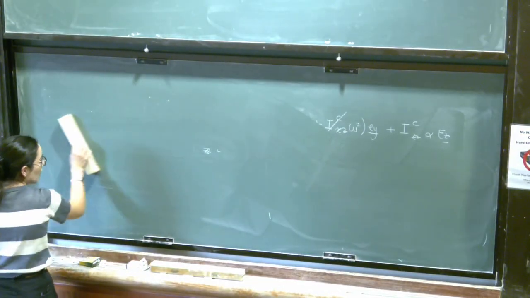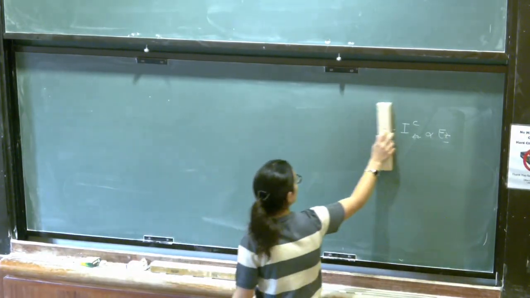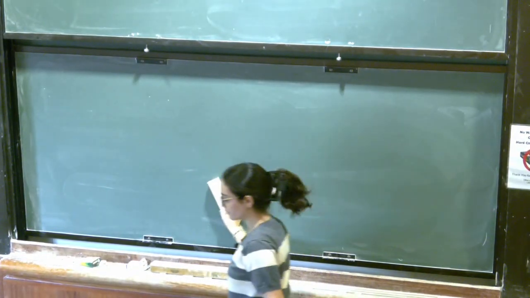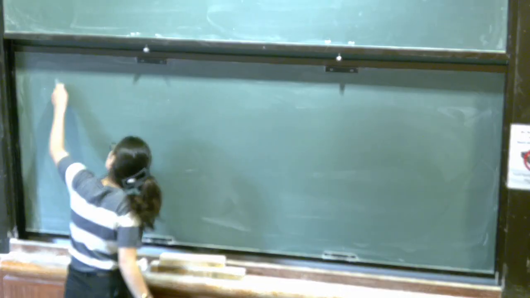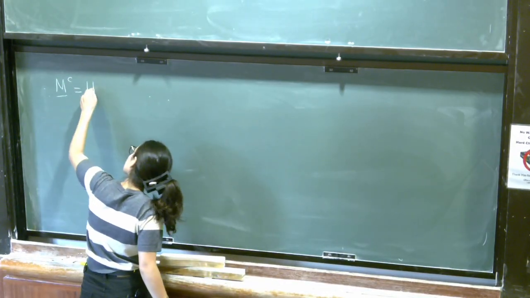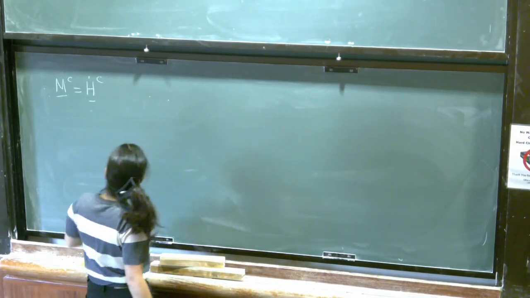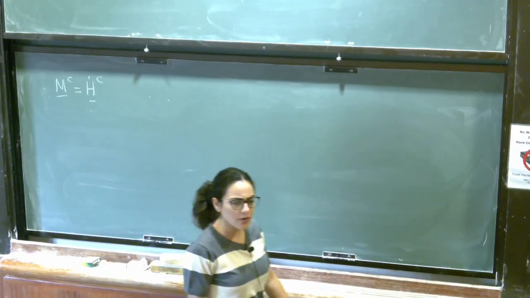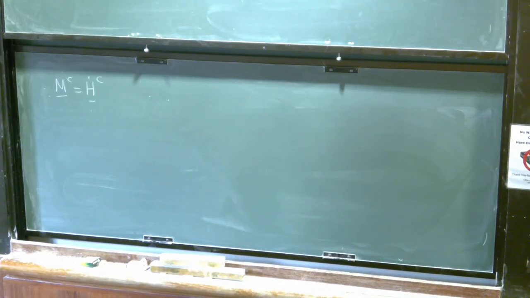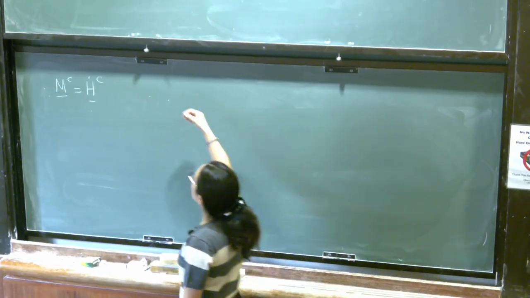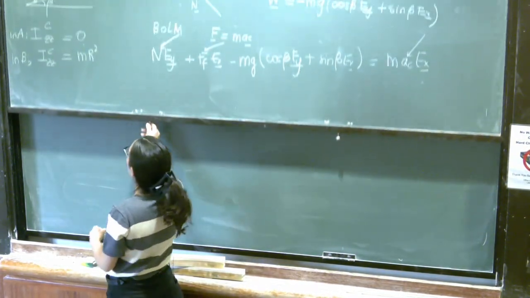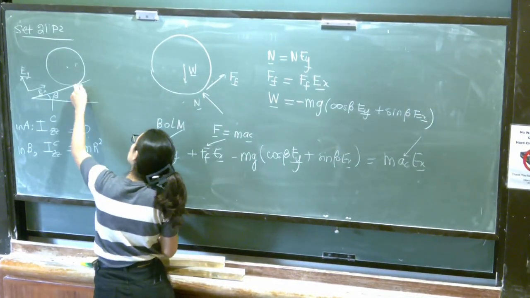What about other options? I can calculate MC is equal to H dot C. What is my other option? Yes, I can calculate the balance of angular momentum about P, which is the contact point of the disk and the ground. P.